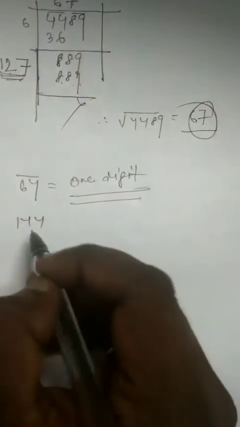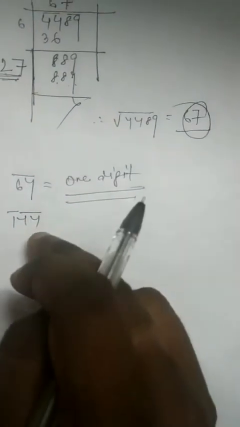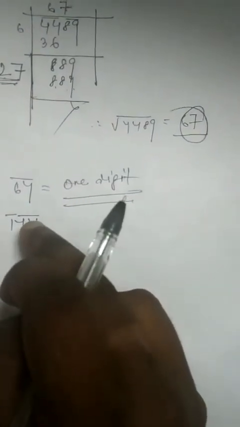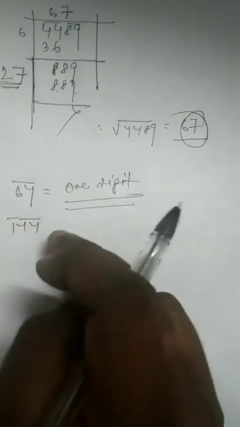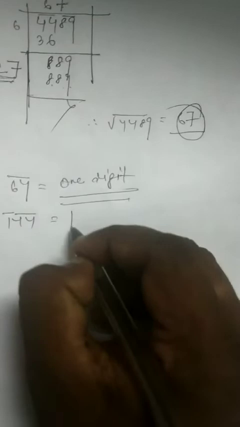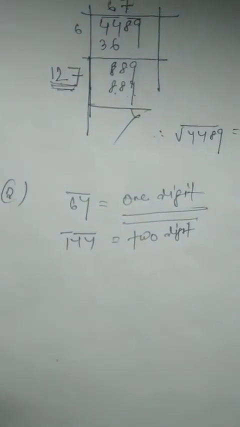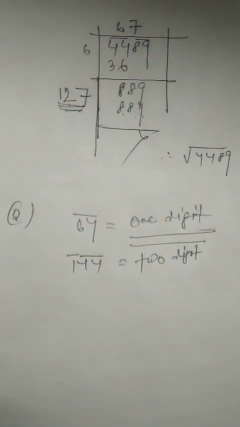How many bars are there? There are 2 bars, because 44 is under 1 bar and 1 is under another bar. So the square root of this number will be 2 digits. As many bars as there are, that many digits will be in the square root of that number.